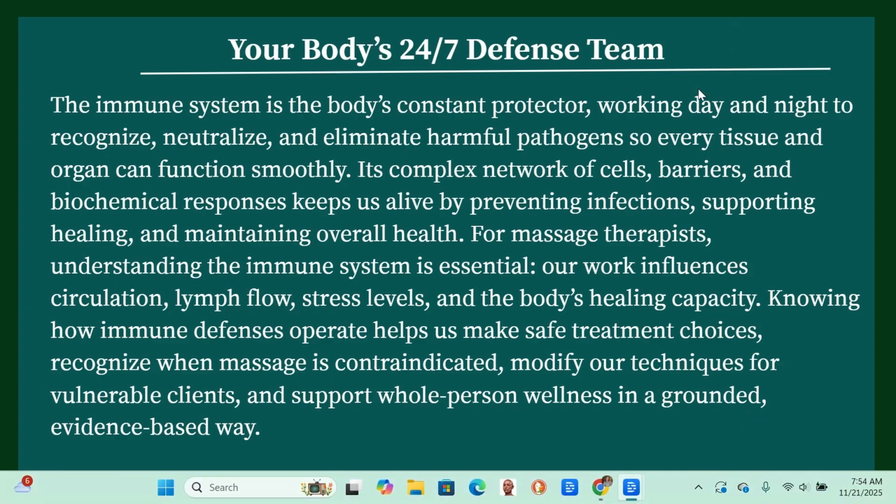For massage therapists and body workers, understanding the immune system is essential. Our work influences circulation, lymph flow, stress levels, and the body's healing capacity. Knowing how immune defenses operate helps us make safe treatment choices, recognize when massage is contraindicated, modify our techniques for vulnerable clients, and support whole person wellness in a grounded, evidence-based way.